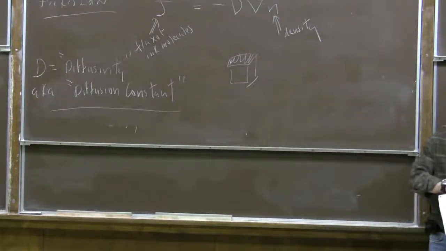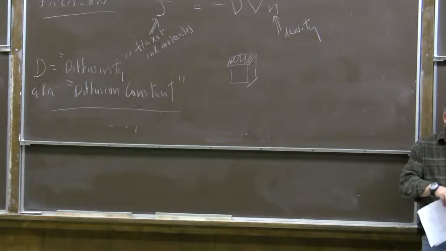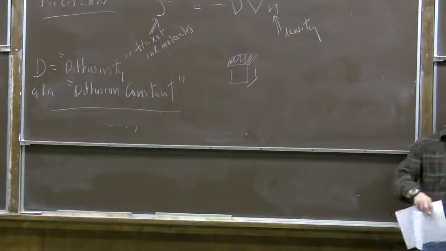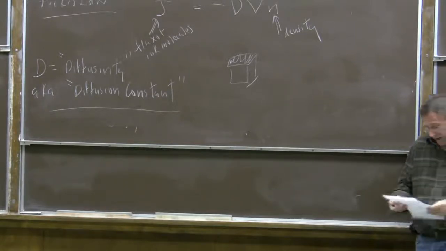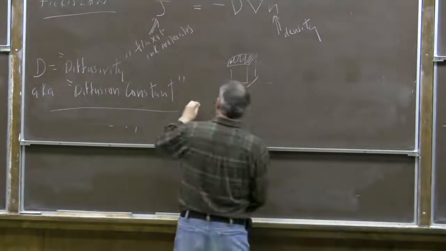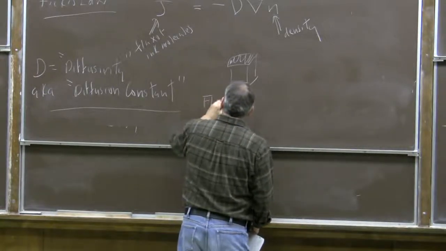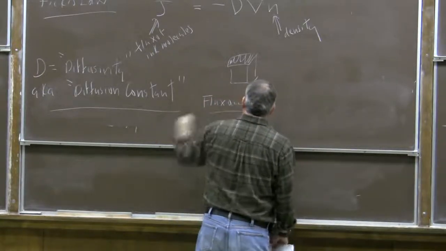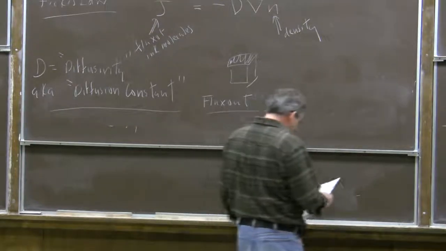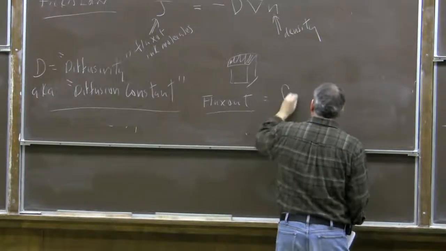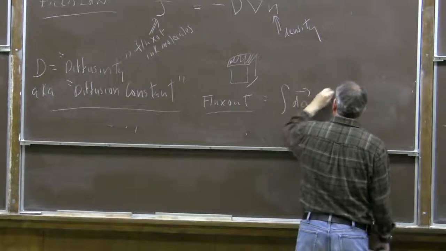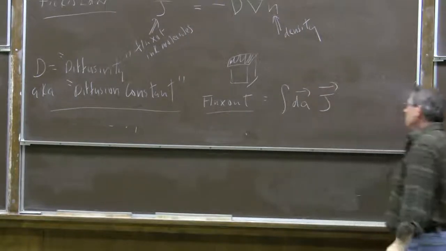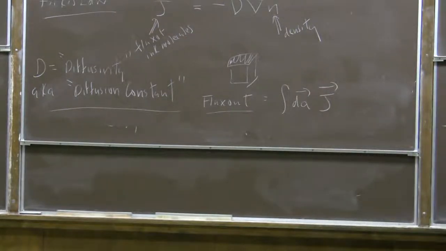One is the total flux of ink through the walls integrated over the boundary of the cell. So that's the total flux out in the number of ink molecules per unit of time. That's equal to what is obtained by integrating the flux over the boundary of the cell.